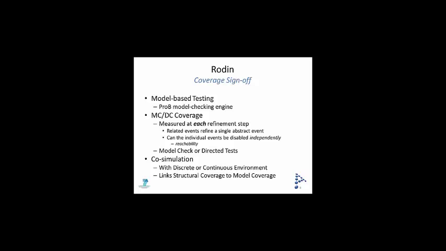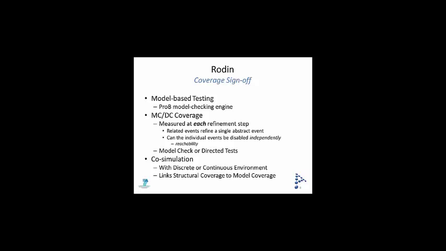And so as you refine this event into multiple events, you want to be able to measure the coverage. And you want to know that when you start testing it, because even at this very high level, you're already thinking about how you're going to test it. Have I covered all the possibilities of the way this model can be exercised? MC/DC coverage can be measured on the model using the model checker or directed tests or a combination of both. So very early on in your process, you're already having some idea of how you're going to cover this system.